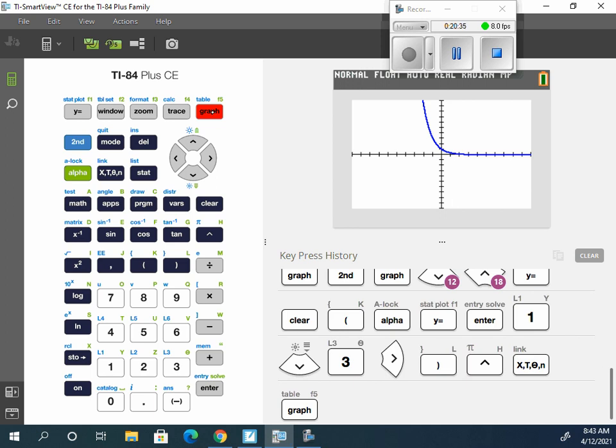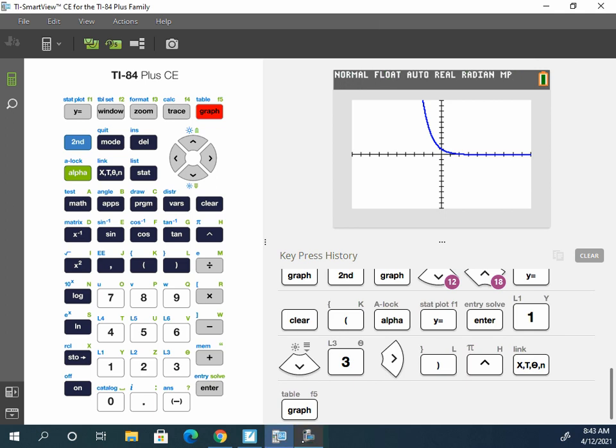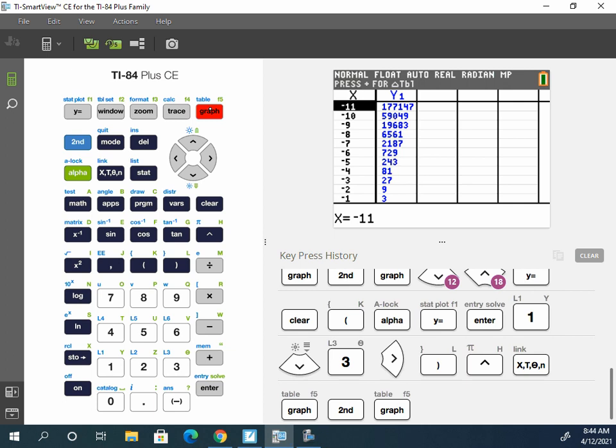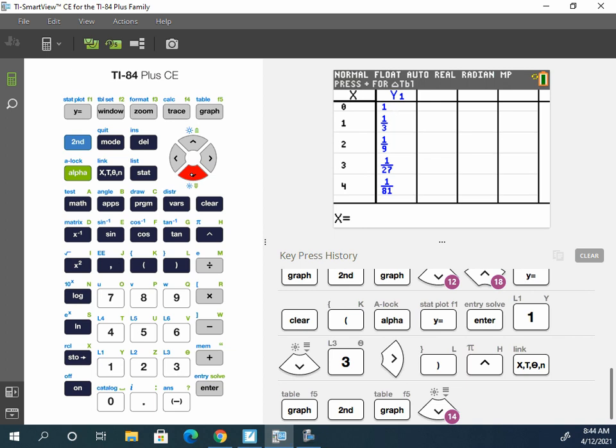Now, the other thing I can look at is I can go second table and use the table to match it up. Well, 1 1/3 might be hard to see, kind of like with the last one that we did, where we got this decimal.